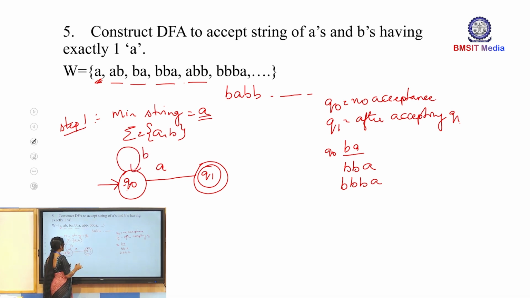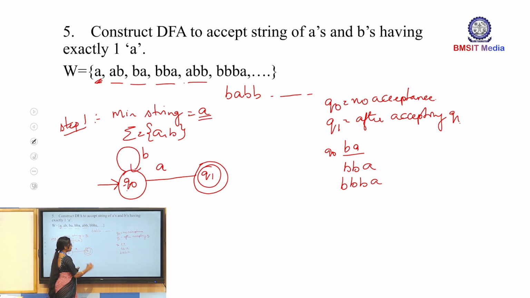By putting this loop, I can have one occurrence of B and then A, so BA is accepted. If I have 2 B's and A, Q0 on seeing the first B stays in Q0, on seeing the second B it stays in Q0, and on seeing an A it reaches Q1. So this condition is satisfied.